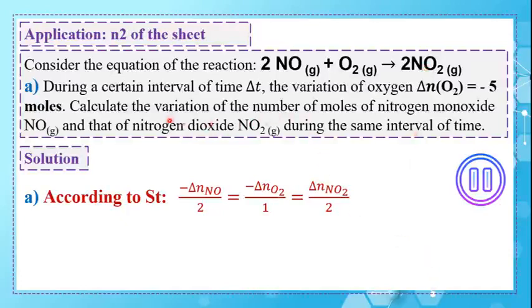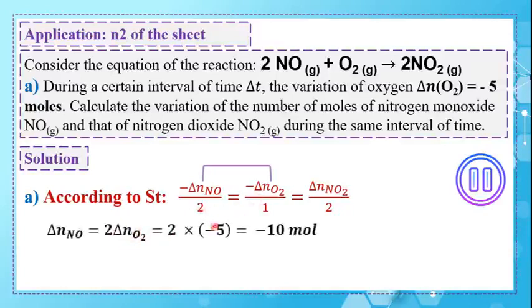So delta n of NO, taken with O2, will be equal to 2 times delta n of O2, which is 2 times minus 5. So the variation of the number of moles is equal to minus 10.